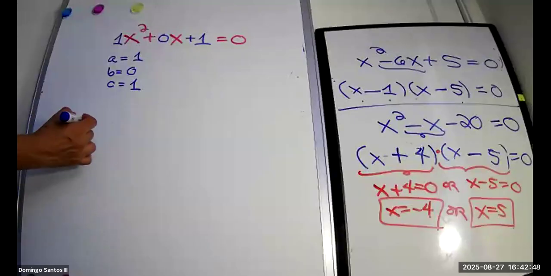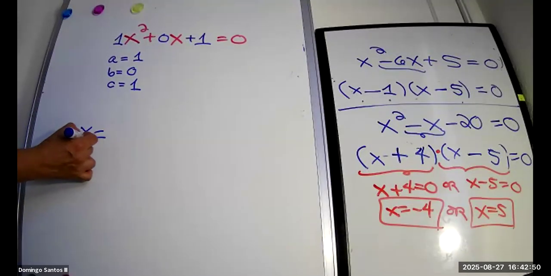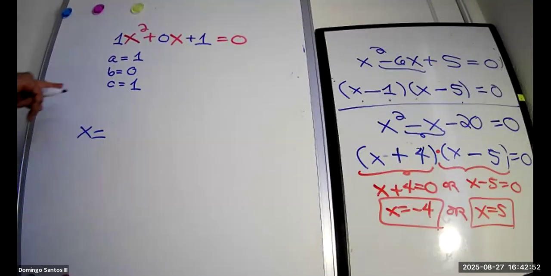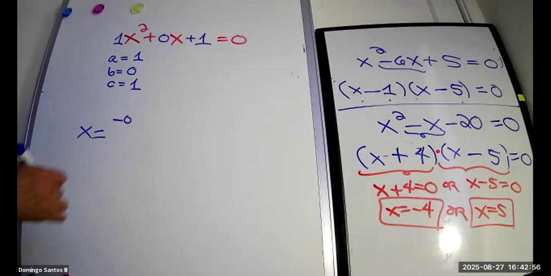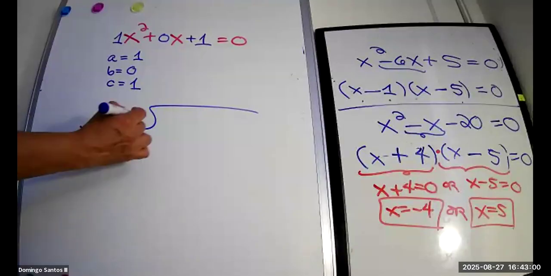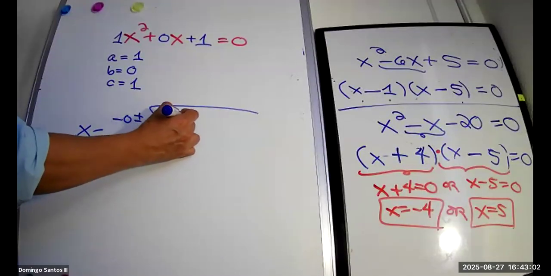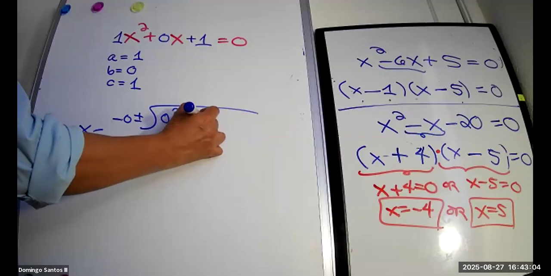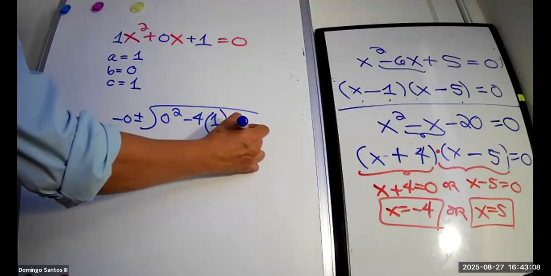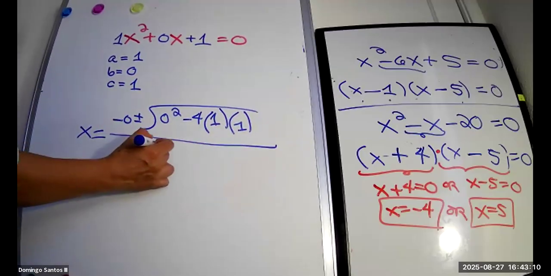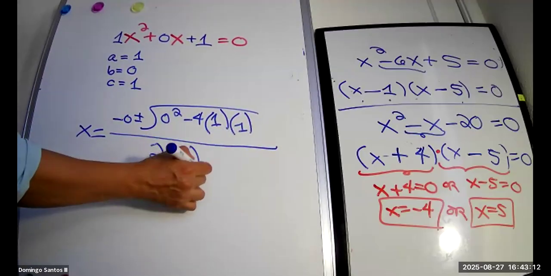Now, the quadratic formula will give you x equals negative b, which is negative 0, plus or minus the square root of b squared, which is 0 squared, minus 4ac, all over twice of a.